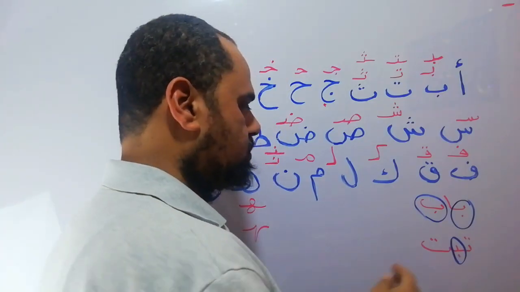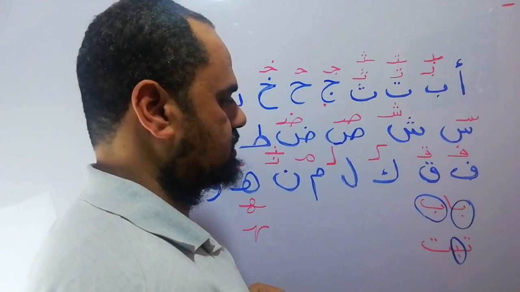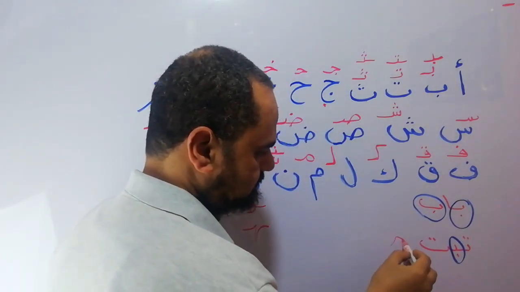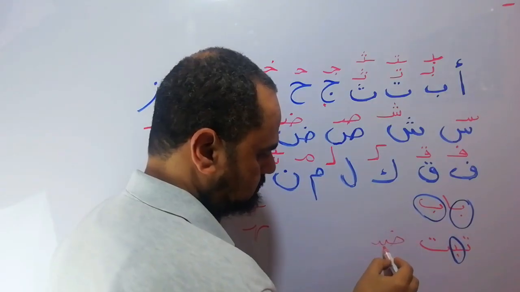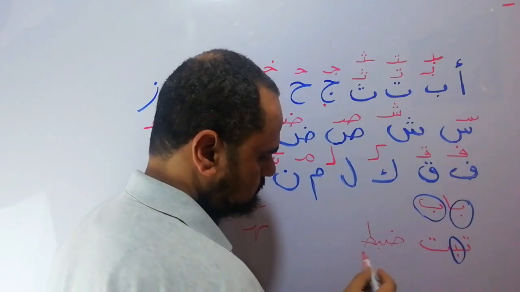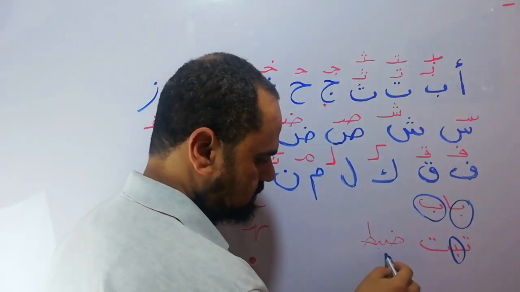Okay, if we make al-ba the second letter, like this one. Now, where is al-ba? It is here.